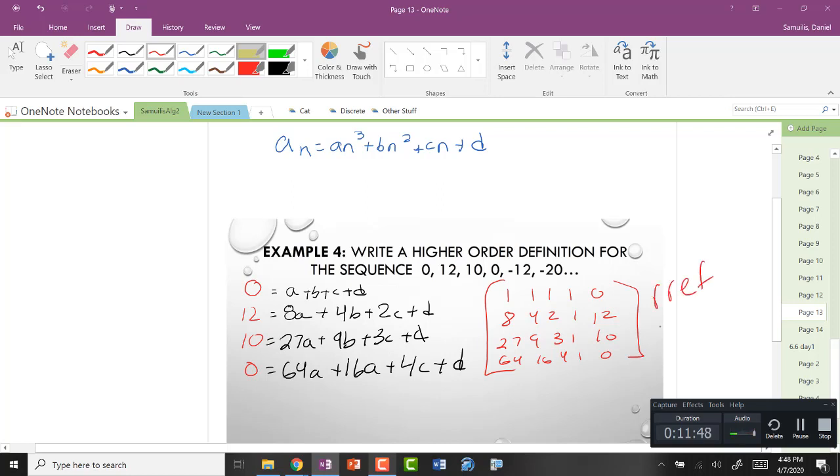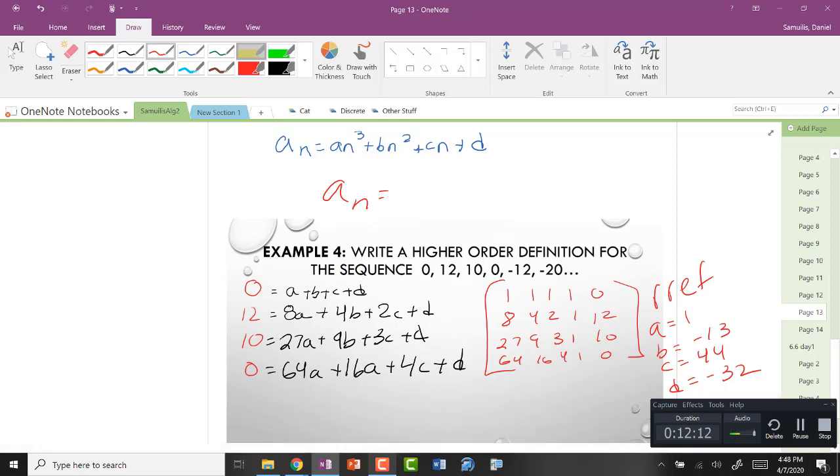And you should get A to be 1, B is negative 13, C is 44, and D is negative 32. So lo and behold, we get our explicit form of this sequence.